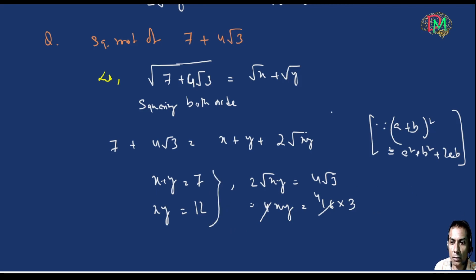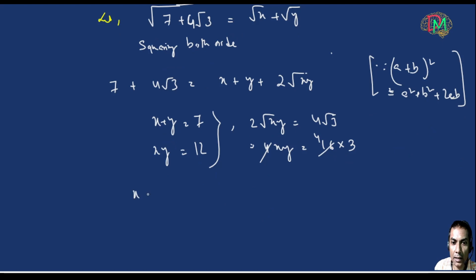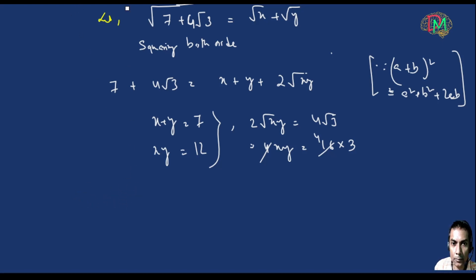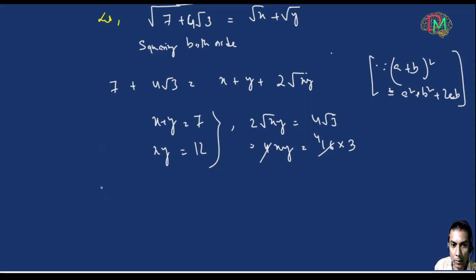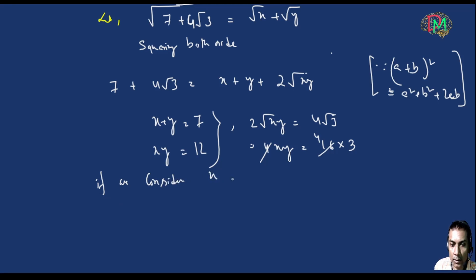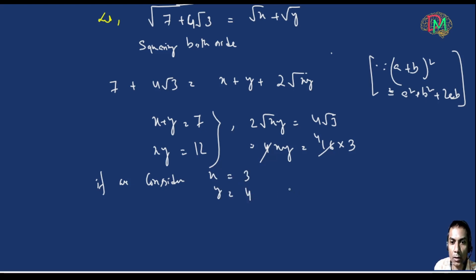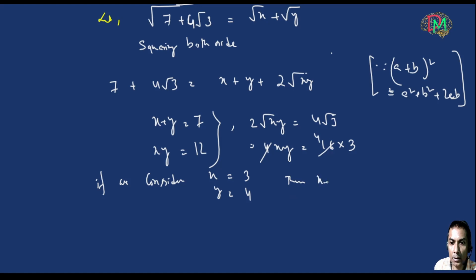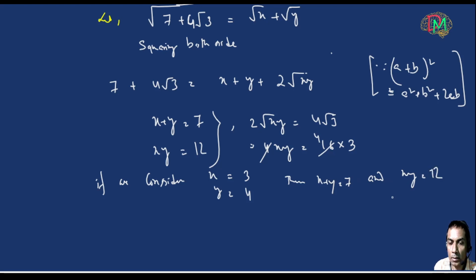So from this, if we consider x is equal to 3 and y is equal to 4, then both these equations will be satisfied. So x plus y is equal to 7 and xy is equal to 12, both equations satisfy.